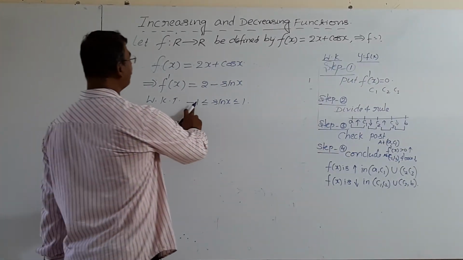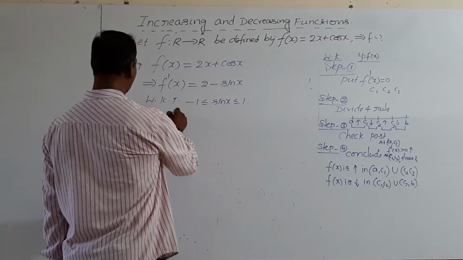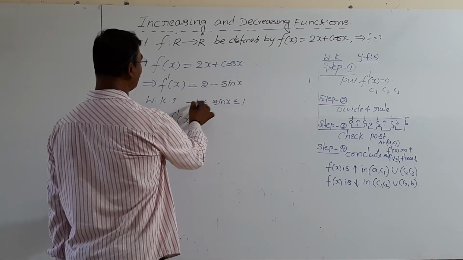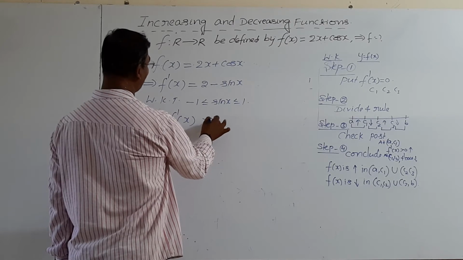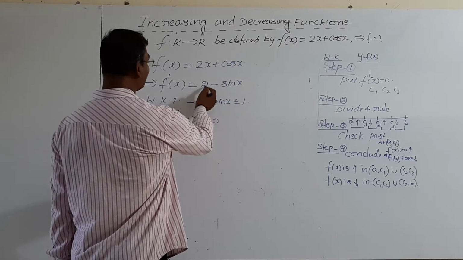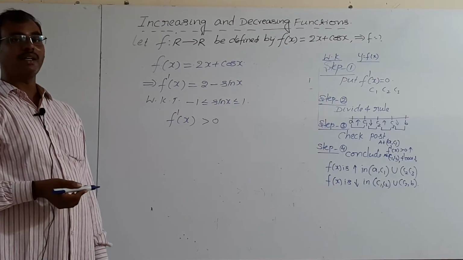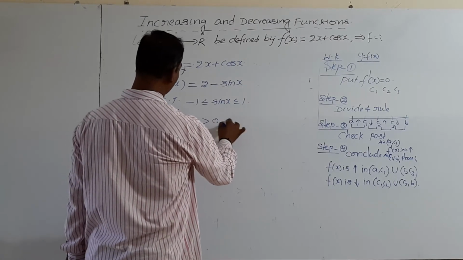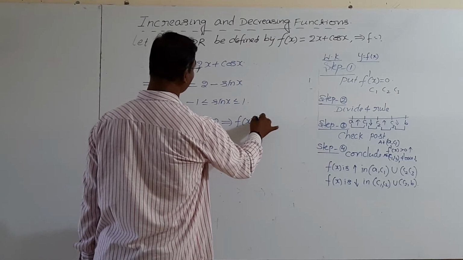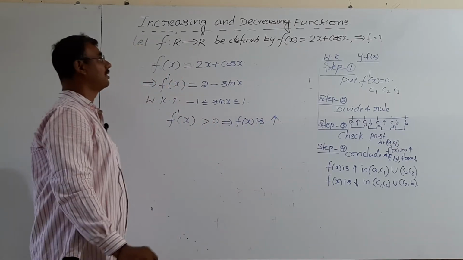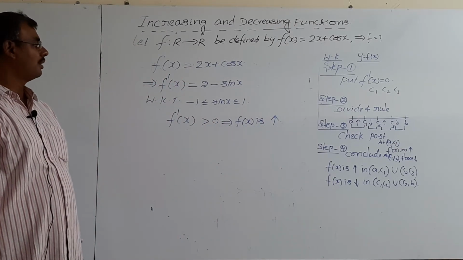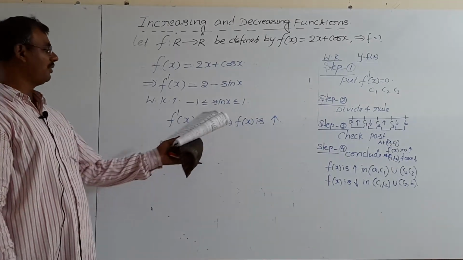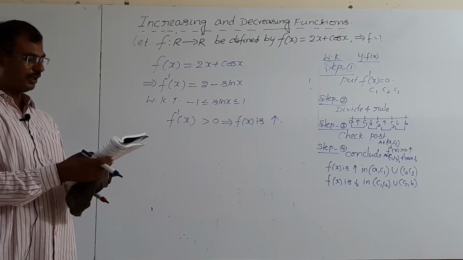So if I take minus 1, f dash of x is greater than 0. If I take 1 also, this becomes greater than 0. Hence f dash of x is greater than 0, meaning f of x is an increasing function in the interval R to R. Is it decreasing? No, because the first derivative is greater than 0. Okay? Understood this one?